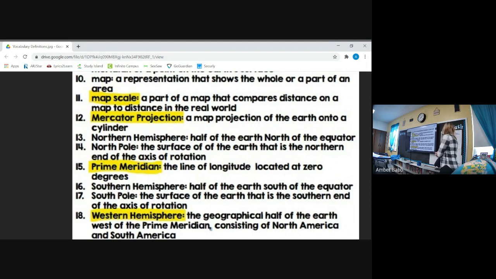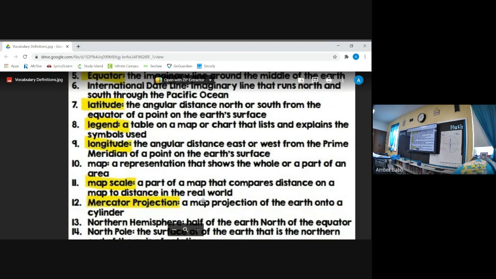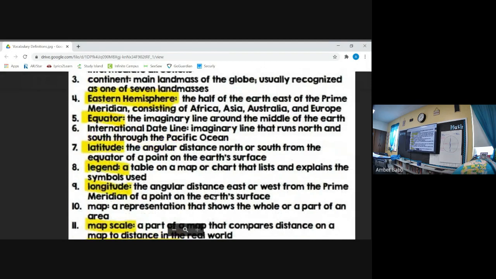Next, we're going to do latitude and longitude. All right. So your next word, we're going with latitude next, which is number 7.